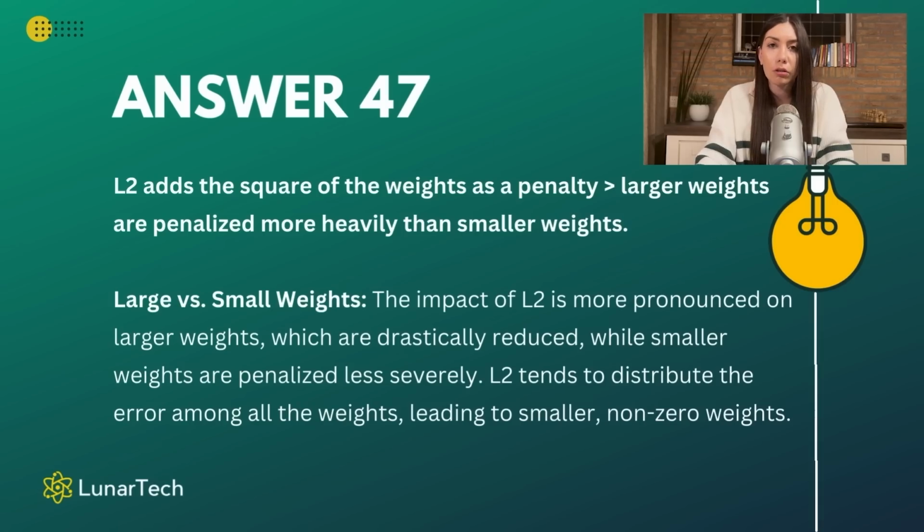As a result, the large weights are heavily punished, so they are reduced, versus the small weights, which are not so heavily and harshly reduced. This means that L2 will distribute the error among all the weights, and this will lead to smaller but non-zero weights. And it will kind of proportionally spread over all the weights across the neurons.